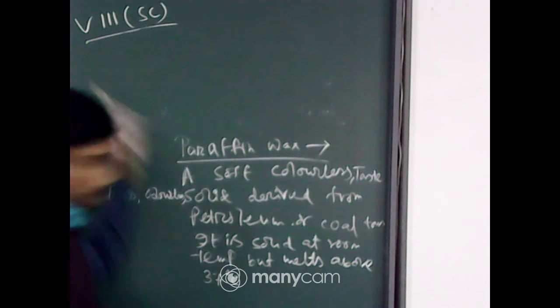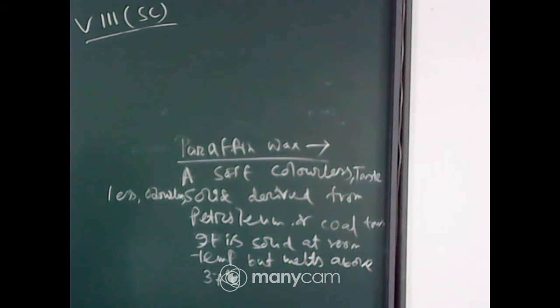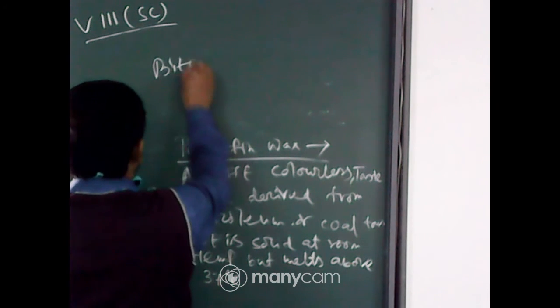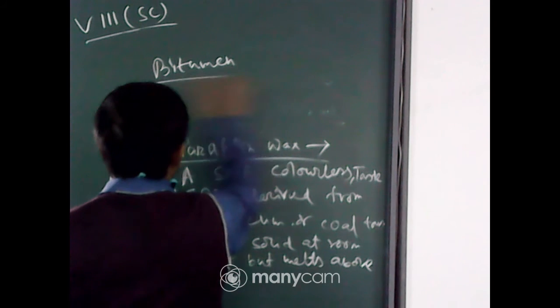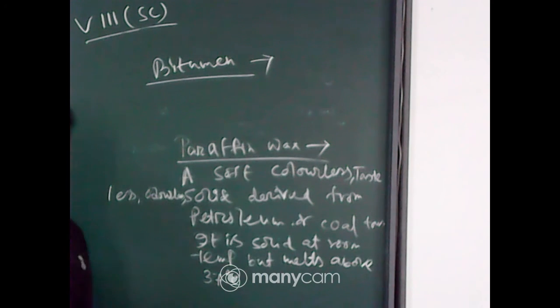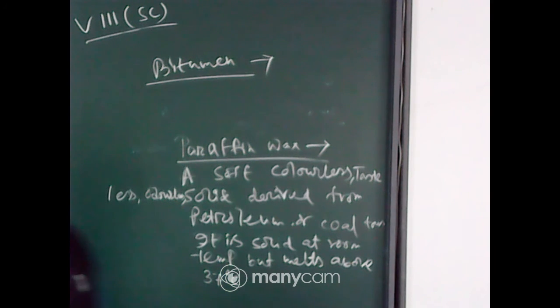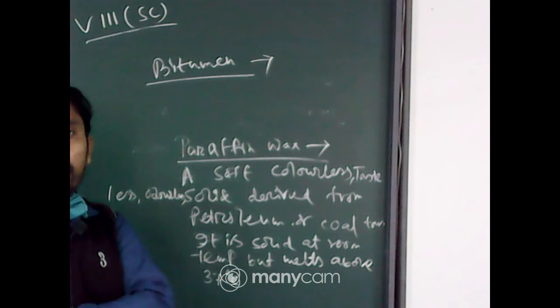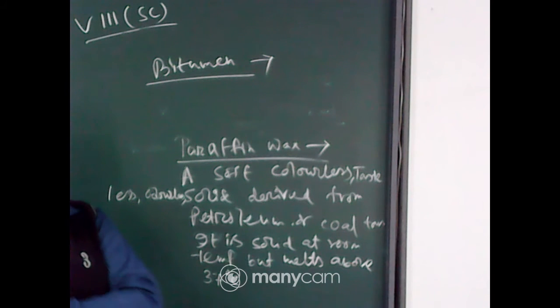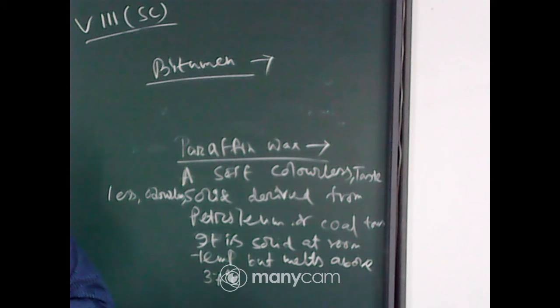Next part, after paraffin wax, is bitumen. What is bitumen? Bitumen is a thick liquid, black in color. It is basically obtained from coal tar and also from petroleum. Its uses are paints and road surfacing.